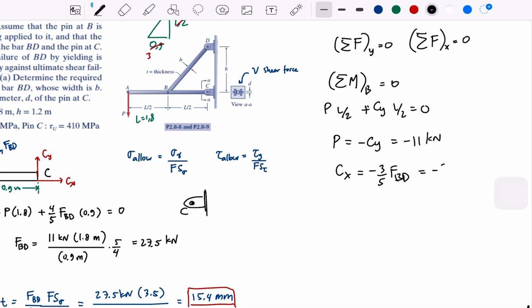So this is negative 3 over 5 multiplied with 27.5. This is 16.5 kilonewton. So we got Cy, we got Cx.